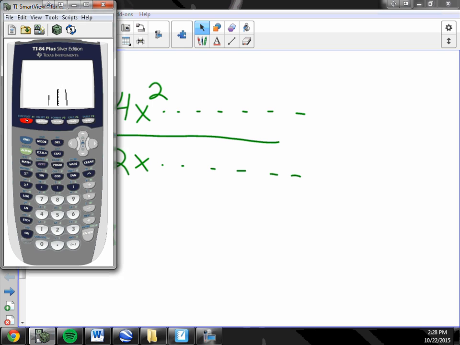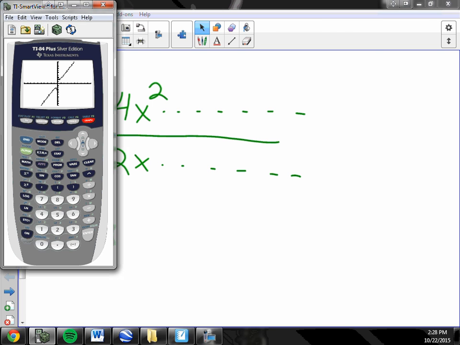So if I were to graph 4x squared, oops, let me clear that out, 4x squared, and I divide it by 2x, you got to make sure you put parentheses. Let's see if this graph is any good. Okay, we got to add some other stuff on the side, or it's not going to like me very much. Okay, now it's not going to cancel as well.